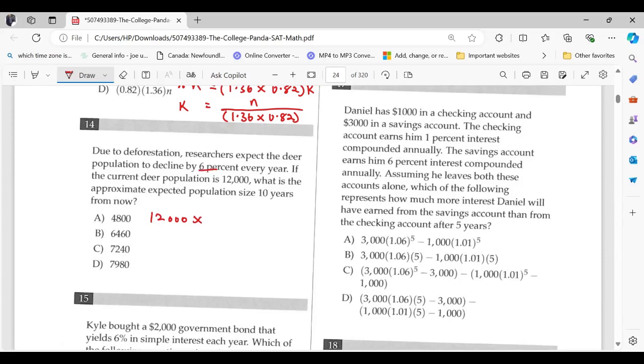So remove it from 100, we have 94%. So our multiplier is 0.94 over a period of 10 years. That gives 6463.38. So now we are looking at approximate expected population. Which one is closest? If you look at this option, it is 6,460. That's the closest population here. So we take option B.